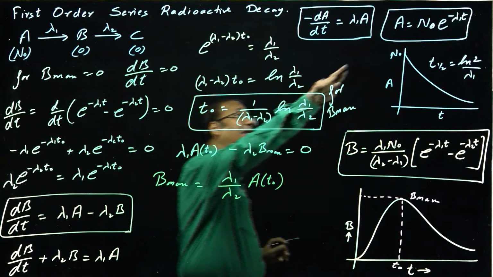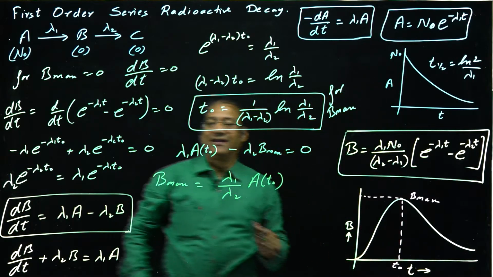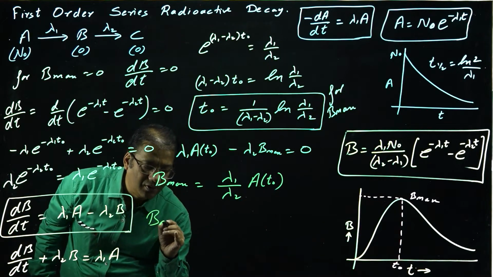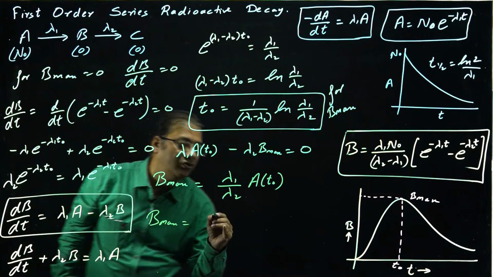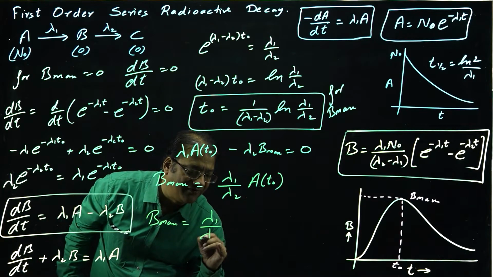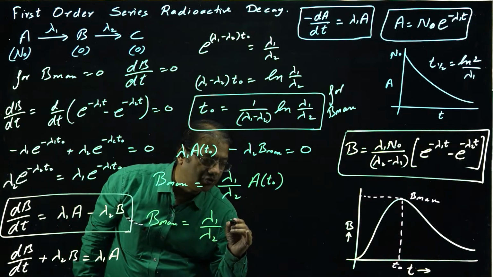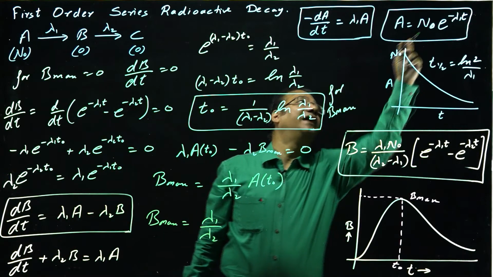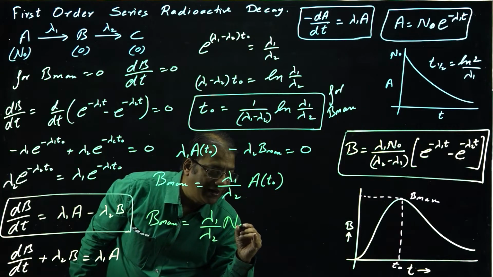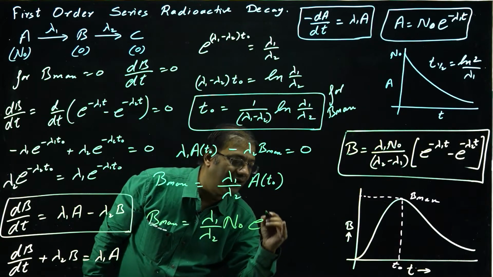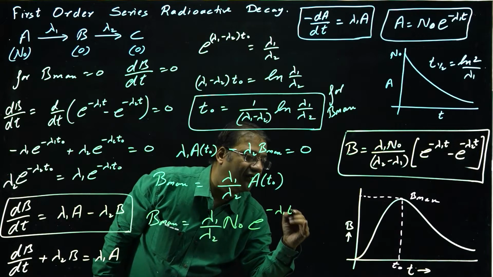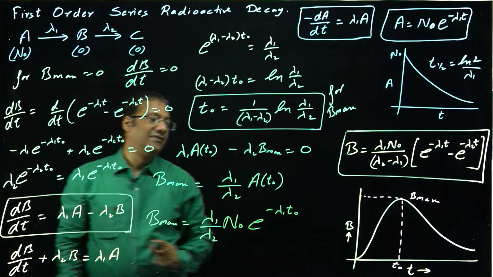And what is A at time T naught? I can write this value here. B will take maximum value at lambda 1 by lambda 2, A at T naught. A at T naught is n naught e to the power minus lambda 1 of T naught.